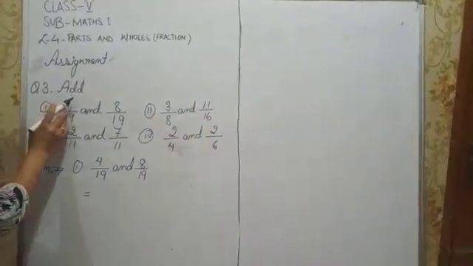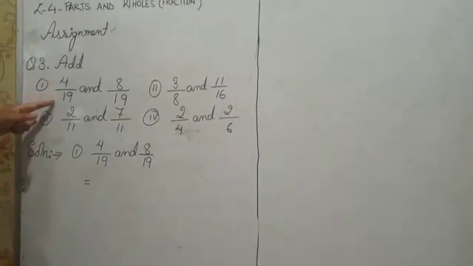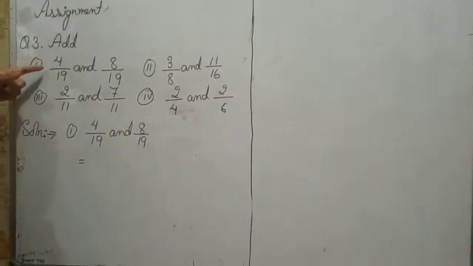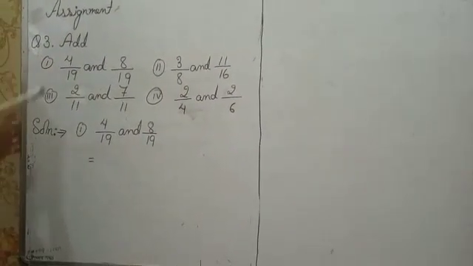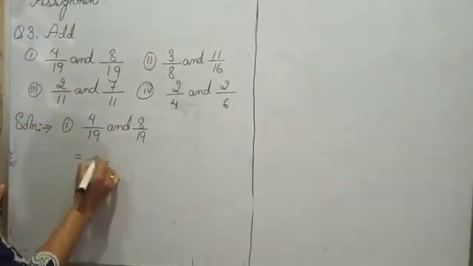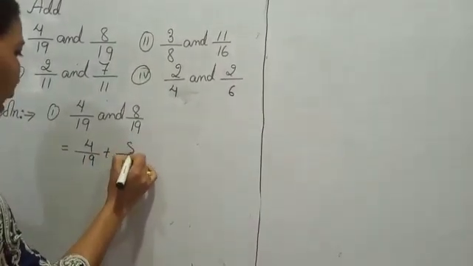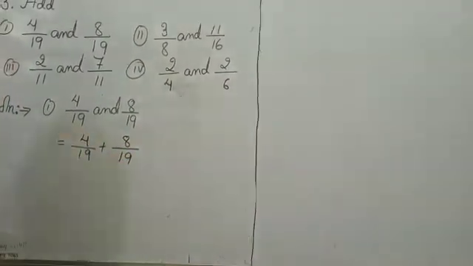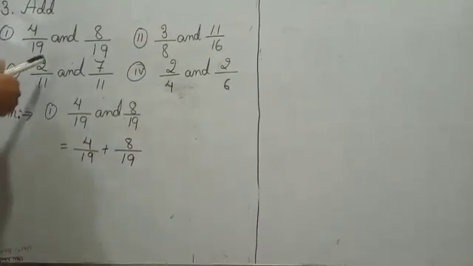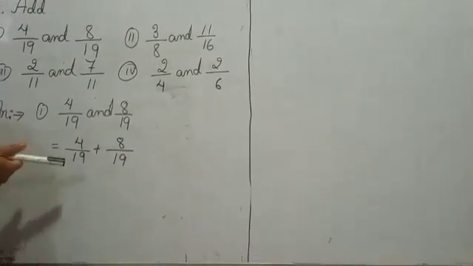Question number 3, addition of fractions. Roman number 1, 4 by 19 and 8 by 19. We have to add the given two fractions. 4 by 19 plus 8 by 19. Since they have the same denominator, the given fractions are like fractions.